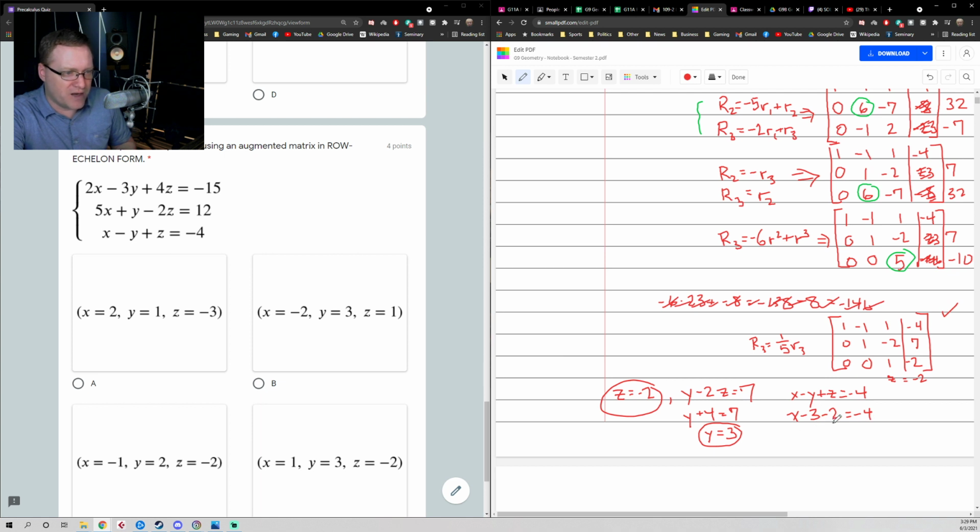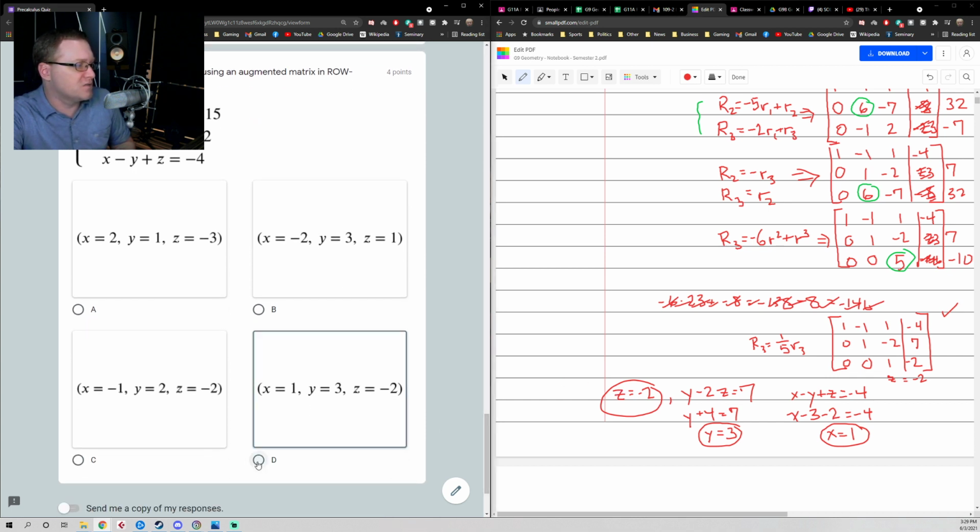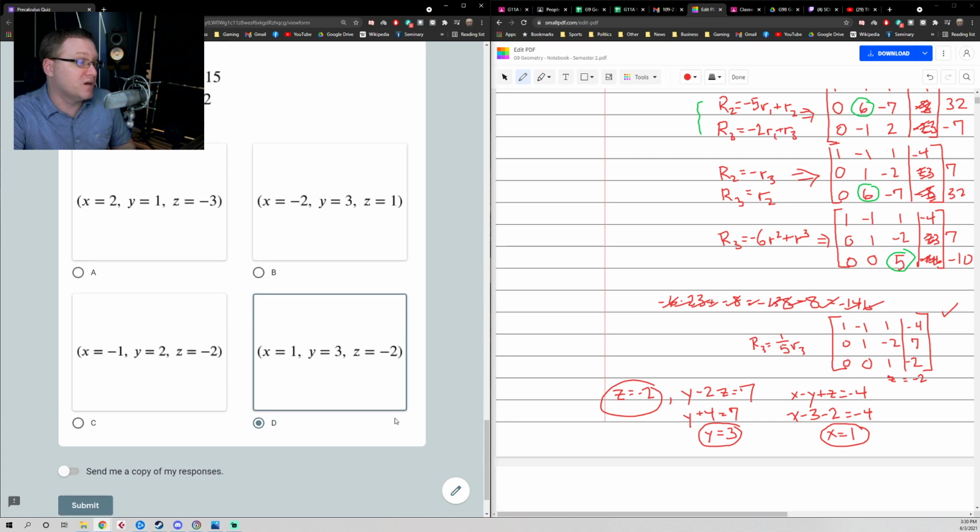Well, that's x minus 5 equals negative 4. That means x equals 1. So our final answer is going to be x equals 1, y equals 3, z equals negative 2. And we are done.